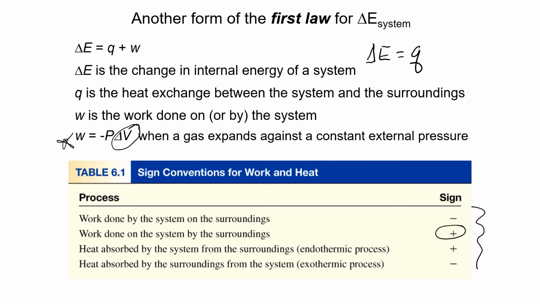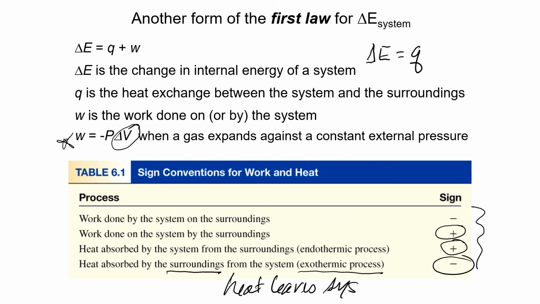If heat is absorbed by the system from the surroundings, an endothermic process, we're gaining thermal energy, so it's positive. And if heat is absorbed by the surroundings from the system, an exothermic process, so heat leaves the system, then the sign for that process would be negative. These are Q's, and these are W's, okay?